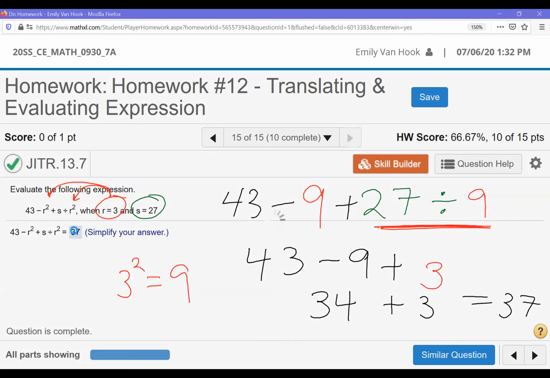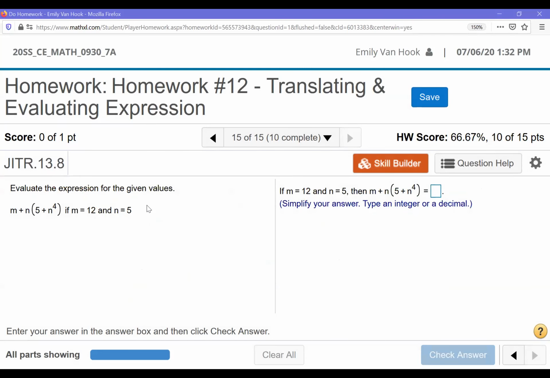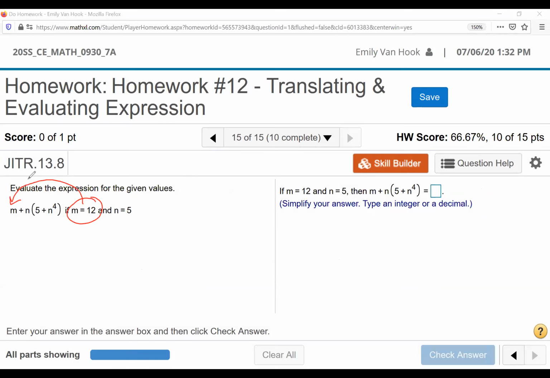Good. I mentioned number 15 is similar to the notes, but I think I still want to at least get you started with this one, mainly because the exponent is different. So it's m plus n parentheses 5 plus n to the fourth, close parentheses. M equals 12 in this problem, and then n is 5.